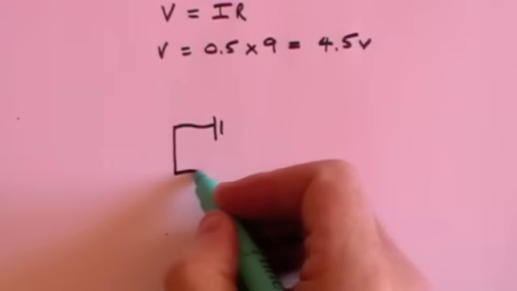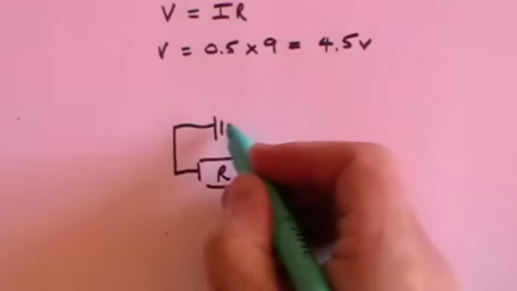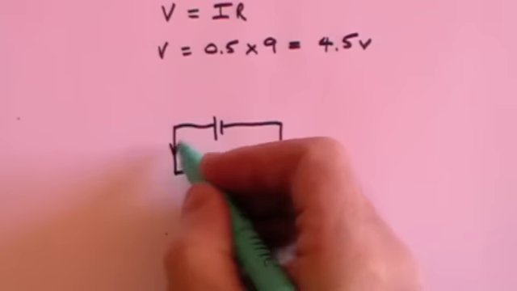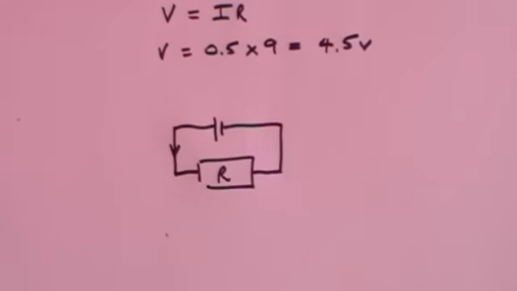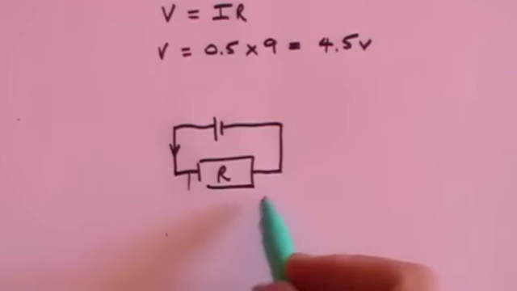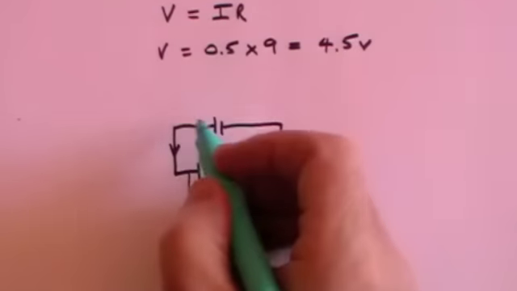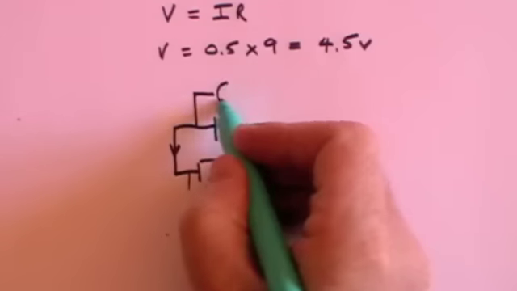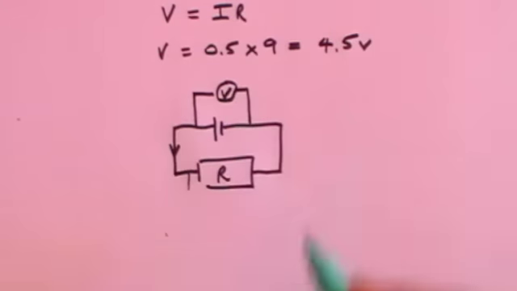So let's now redraw the circuit so we can see what we're doing. The battery, the resistance, the current. They're all exactly the same as before, but last time we put the voltmeter across the resistance. This time I'm going to put the voltmeter across the battery, so we can measure the potential drop across the battery.